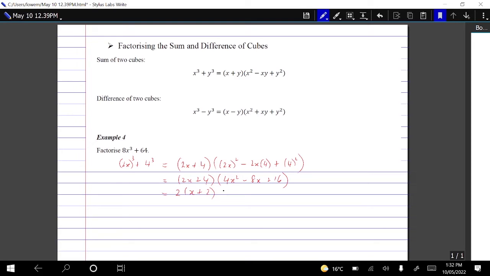And even in the second set of brackets, we could take out the 4, and I'll put it out the front as well, leaving us with x squared minus 2x plus 4. And then that really couldn't go any further, except that our 4 times 2 could give us 8.